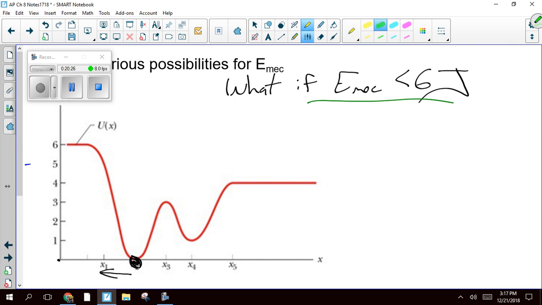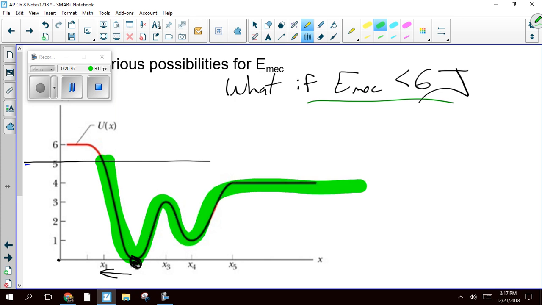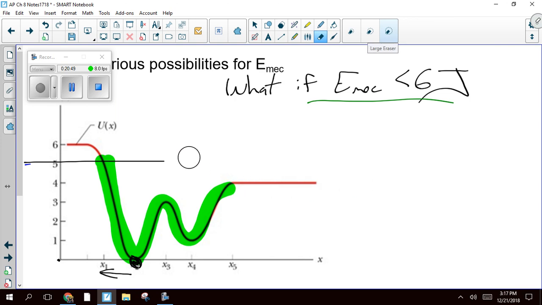It's moving this way, so I'm going to gain potential energy and lose kinetic energy. It's going to go up, up, up, right? Remember, my mechanical energy was 5 joules. So it's going to get to this point. That now becomes a turning point because it can't pass this point. So it comes back down, up over the hill, and you get the same thing we had last time. Okay? All right.